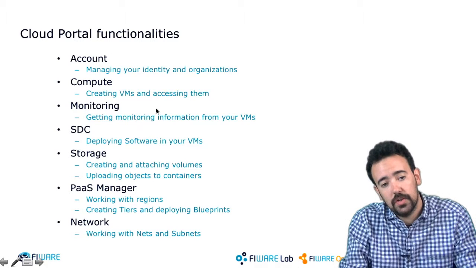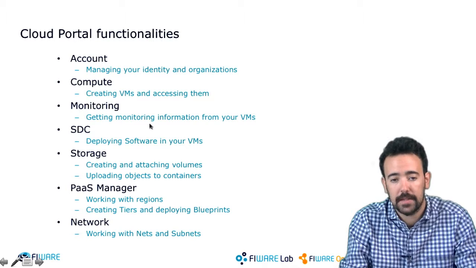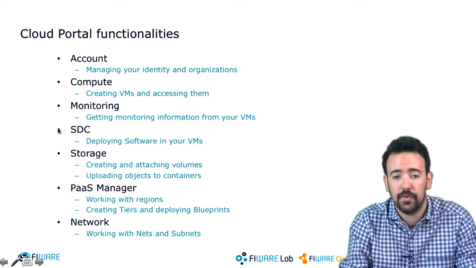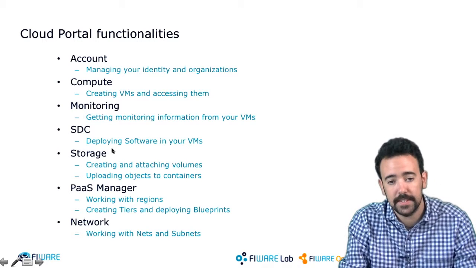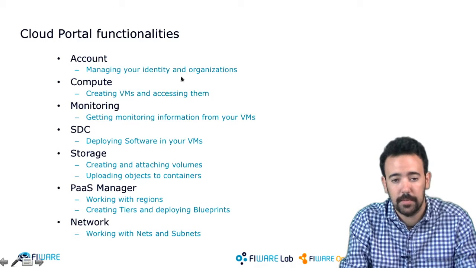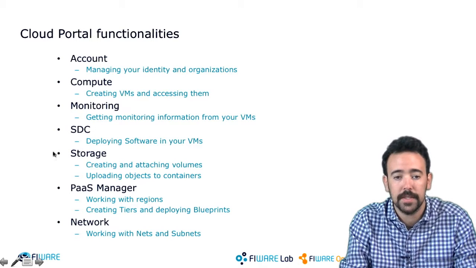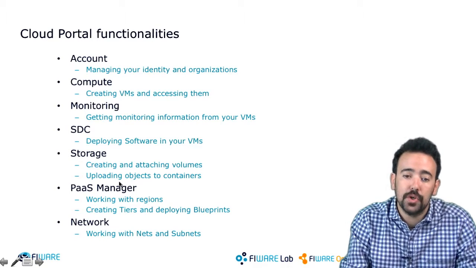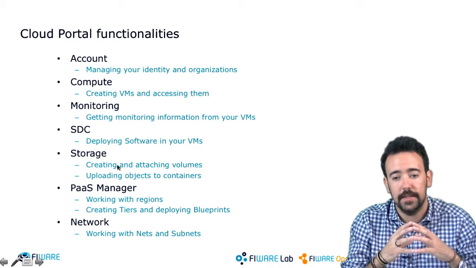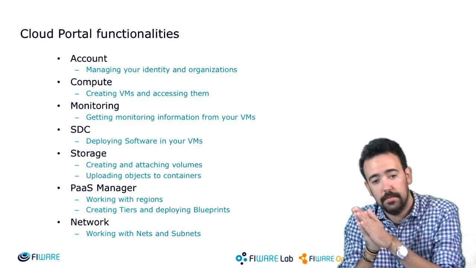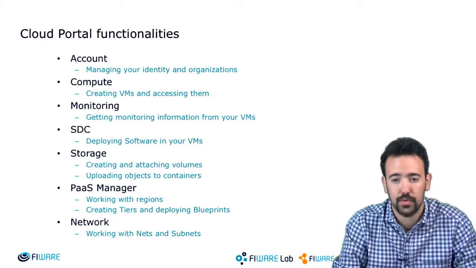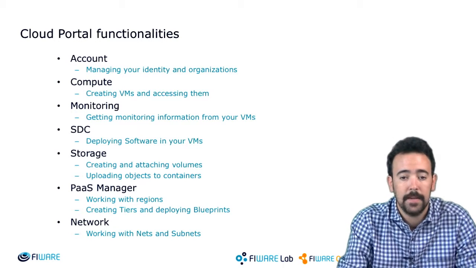We will also see how the monitoring part works, how to deploy and configure software inside virtual machines. In order to do so, we need the software deployment and configuration component. I will also show you how to manage storage inside the virtual machines, both using volumes and using containers in the Swift component of OpenStack.